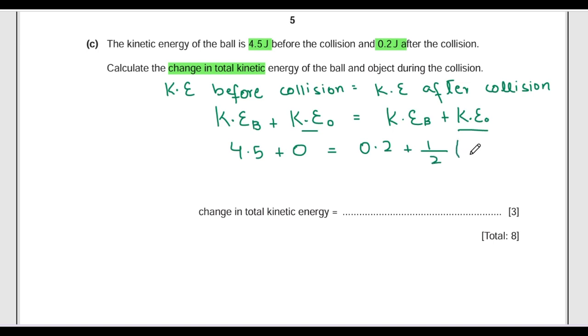In place of mass, I am going to put the mass of the object, which was 1.8 kg, and in place of v square I am going to put the velocity that we have just calculated, squared. Doing the calculations, 4.5 plus 0 equals, we'll solve all these things together in the calculator and we will get 0.91 as an answer. And we know that energy has shifted from 4.5 to 0.9, so it is 0.6 joules.